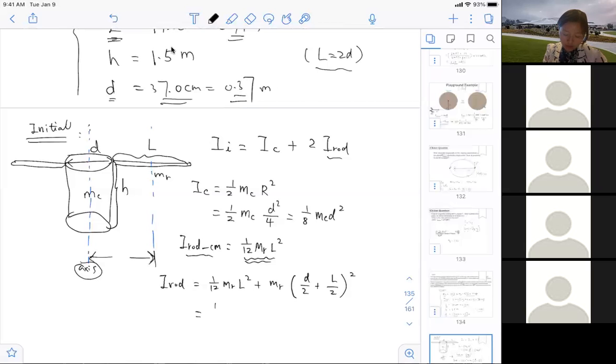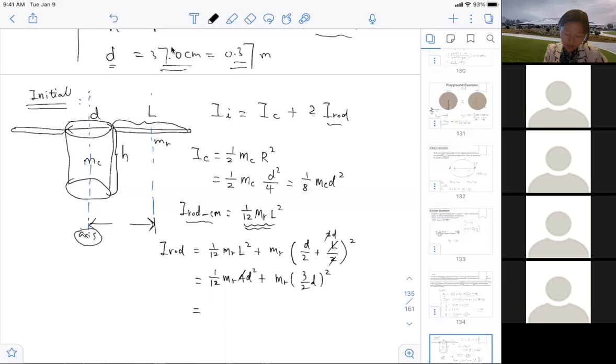So I will say this is 1/12 mr, L is 2D, so 4D squared, mr. And L becomes 2D, so this becomes D, so it's 3/2 D squared.